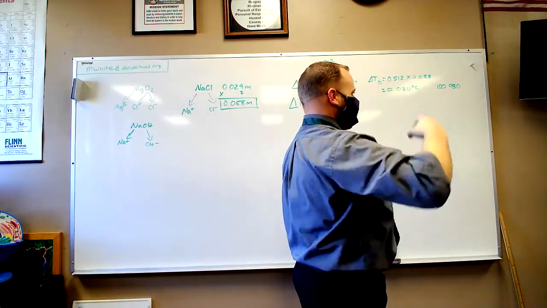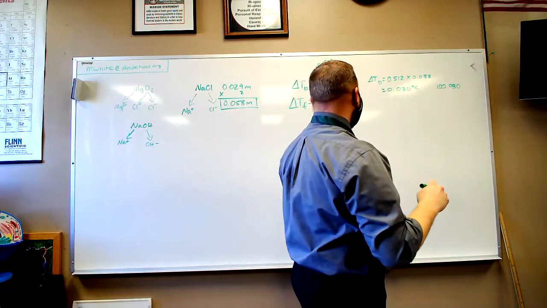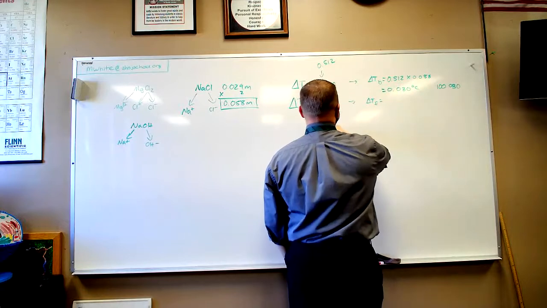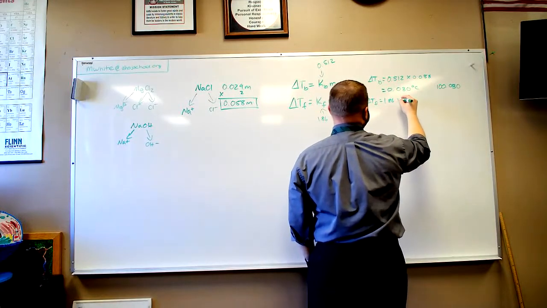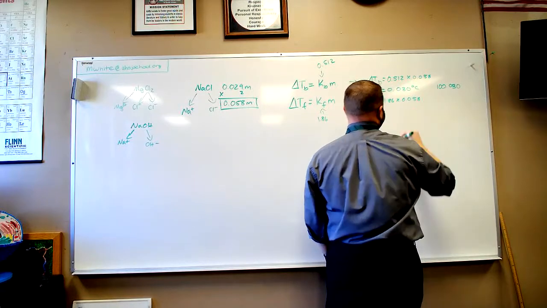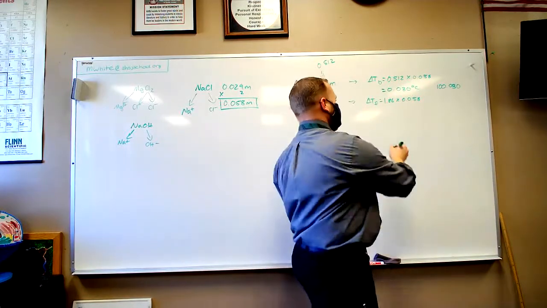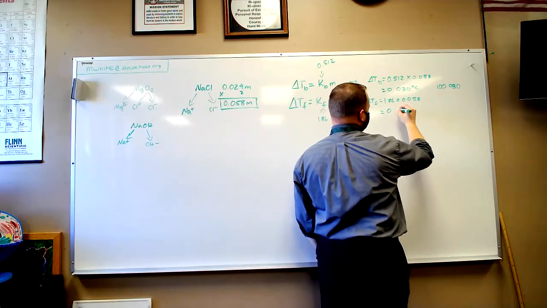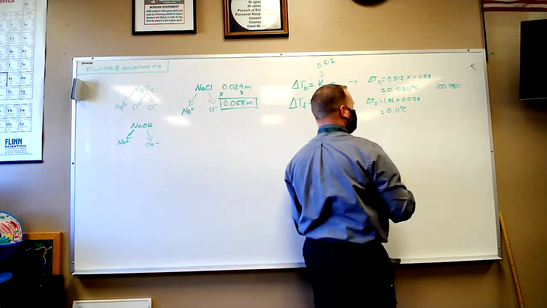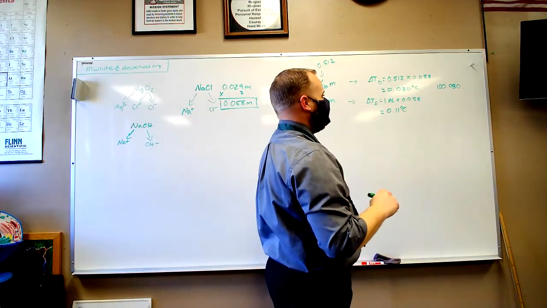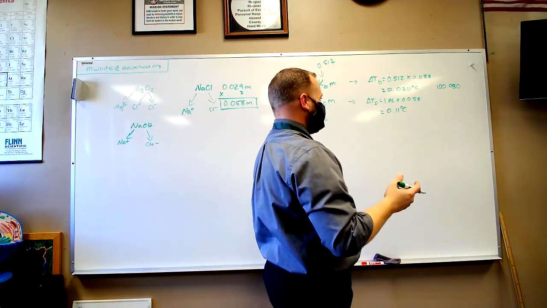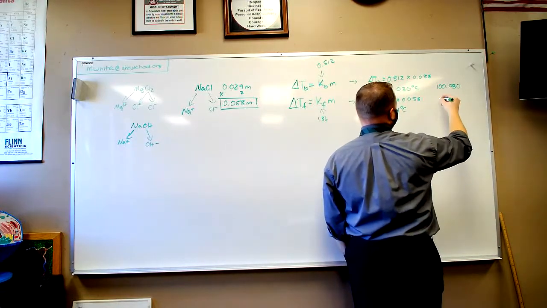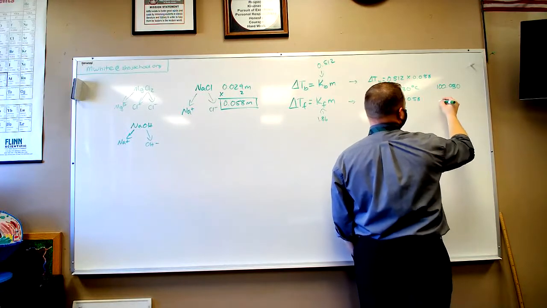So the boiling point goes up, freezing point goes down. So for this one, take our K sub F. Put that into our calculator, and it gives us 0.11 of a degree. And now, once again, if we ask for the new one, we start at 0, and we subtract that.